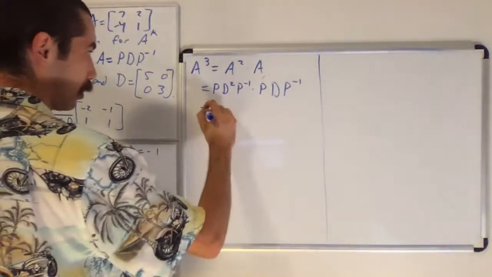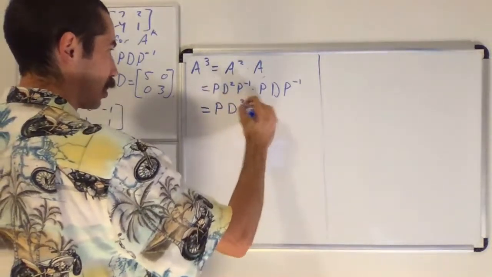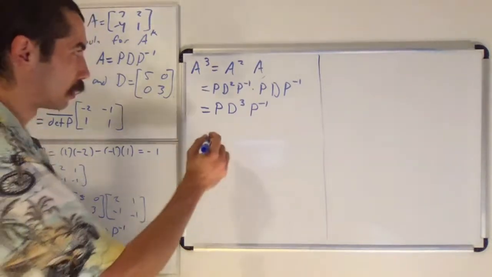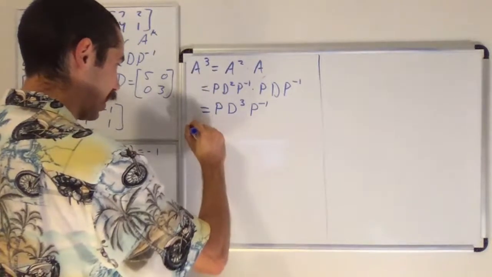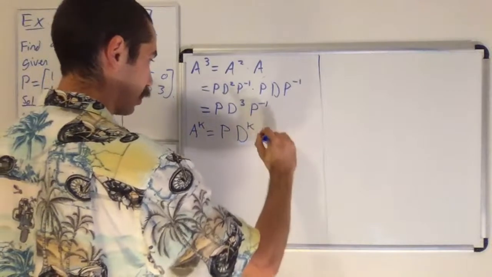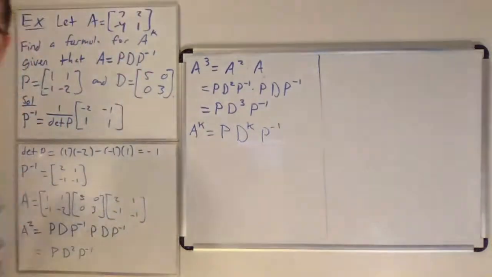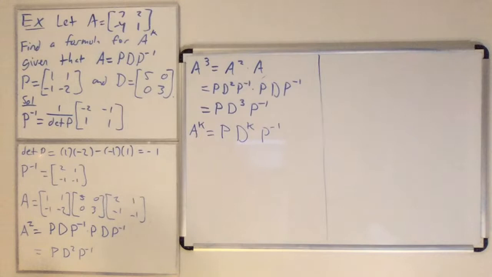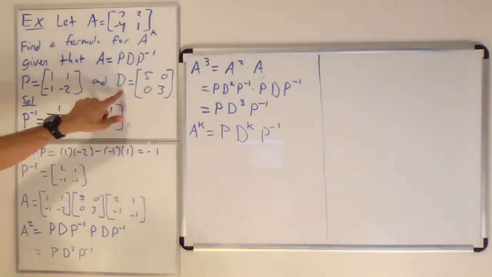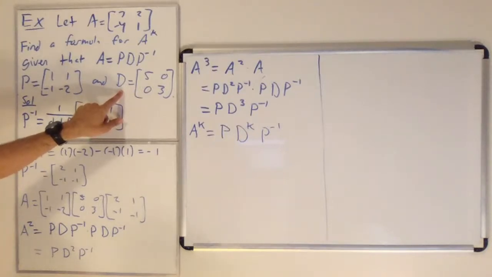And we're left with P D to the third P inverse. Okay, and we're not going to go through and prove this, but you could use some sort of inductive proof to show that A to the K is equal to P D to the K P inverse. And we know what D to the K is because we did this computation as our previous example.